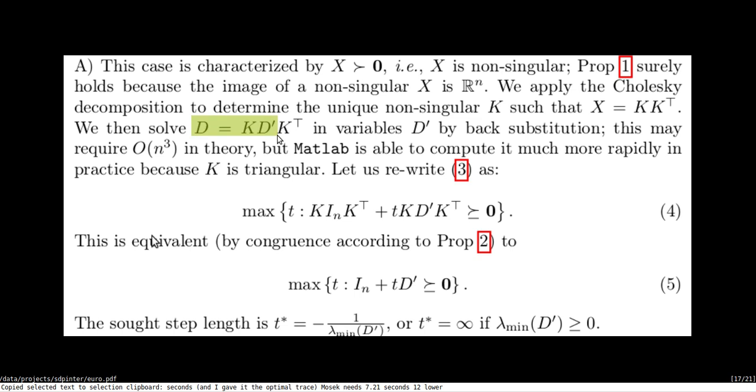D can always be written this way because K is not singular, and it's very easy to find D prime by back substitution. This may require this complexity, but as I said before, MATLAB is able to solve these questions much more rapidly in practice because K is triangular.